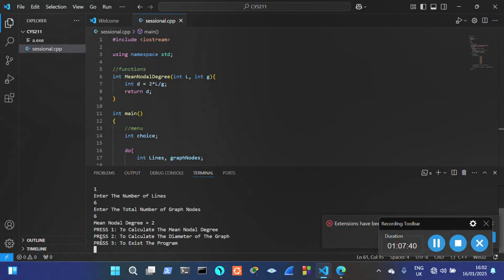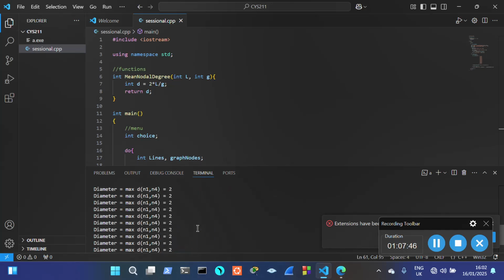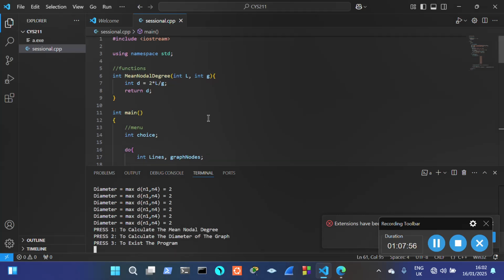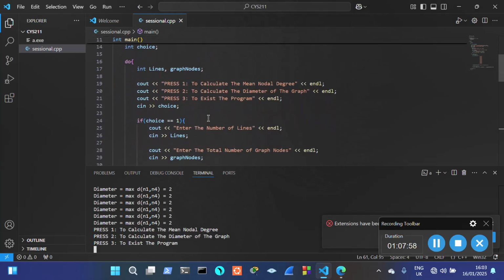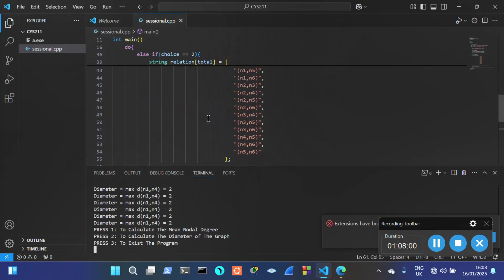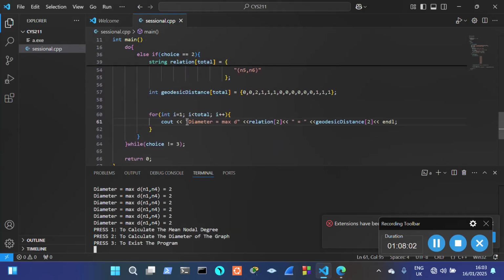Now imagine if you want to calculate the diameter, we'll say 2. As you can see now, it's printing these things continuously because it's in a loop, telling us the diameter is this, diameter is this. Yes, the diameter is 2, I know, but it's doing that because this is inside the for loop.